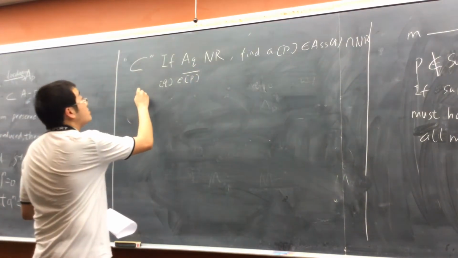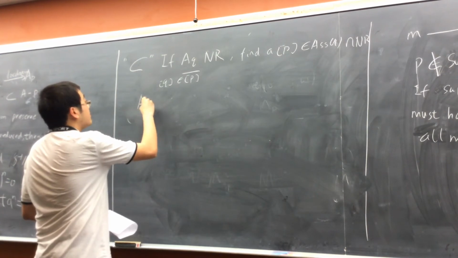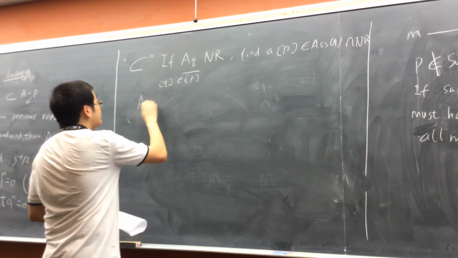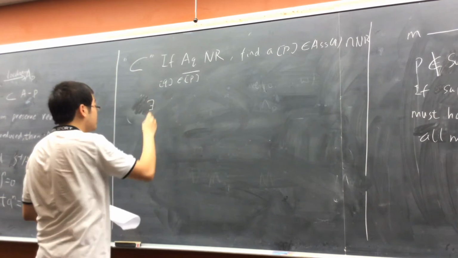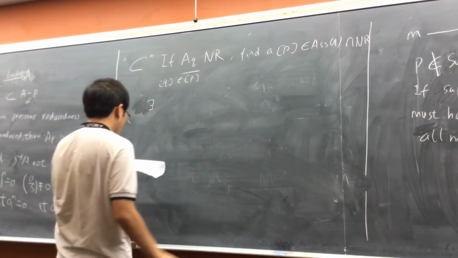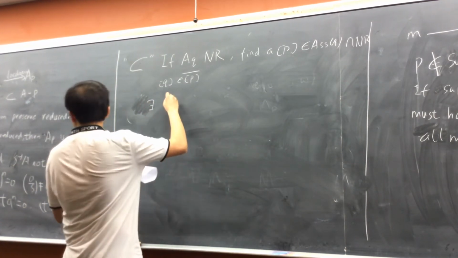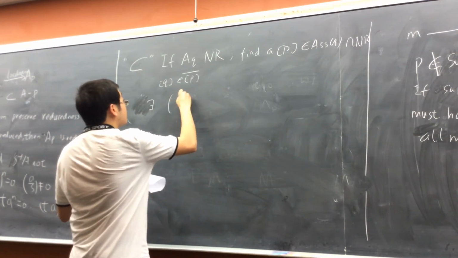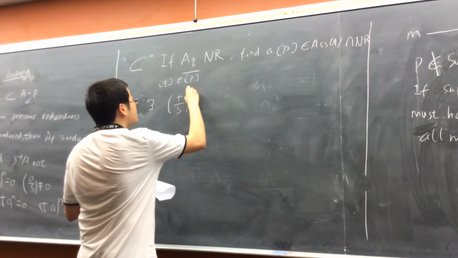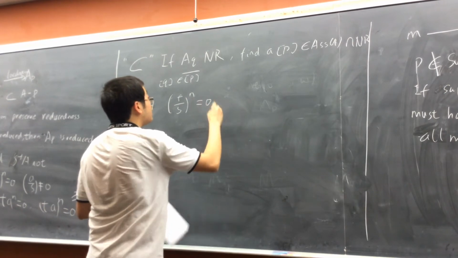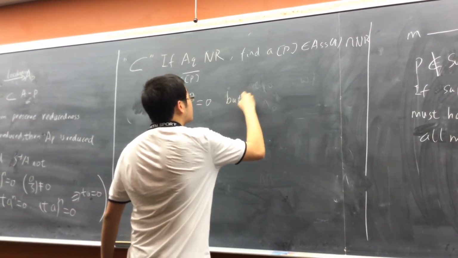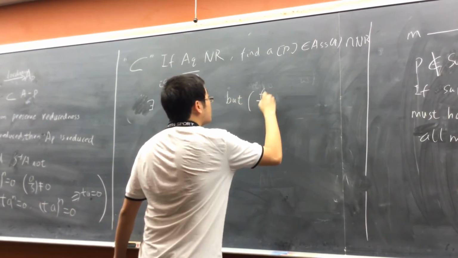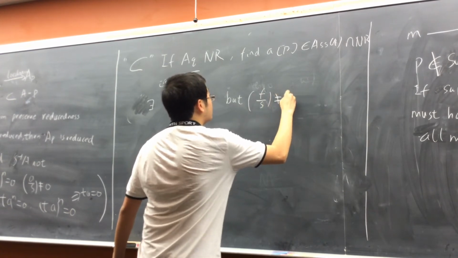So again, if AQ is non-reduced, it means that there is this. I use another notation here: Fx equal to 0, but Fs is not equal to 0.